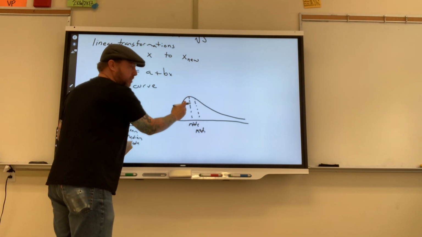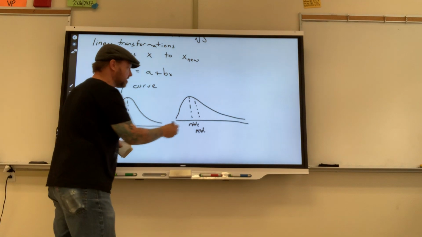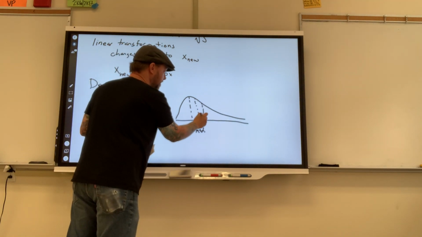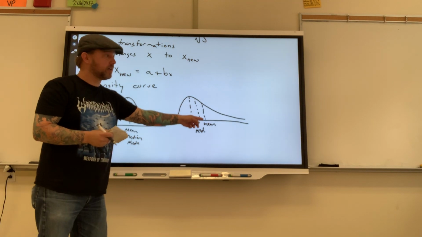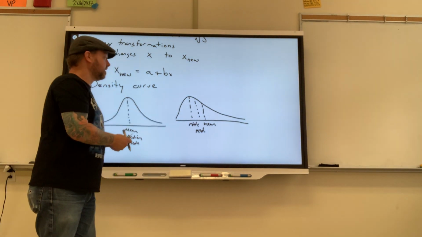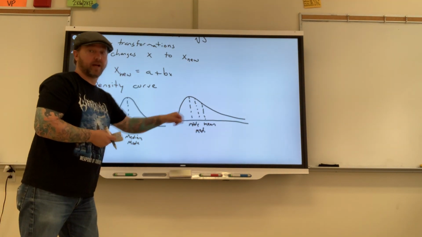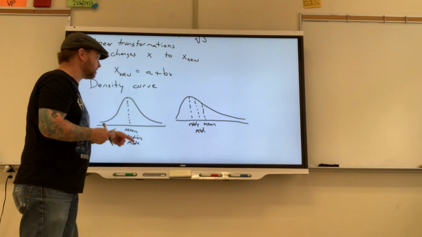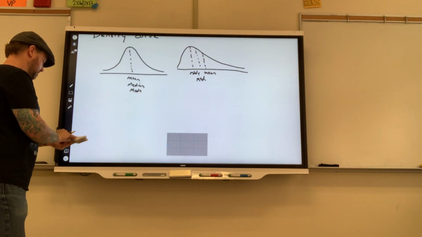So the area to the left of the median is always 50%. The area to the right of the median is always 50%. The mean would be over here. This is the balance point if the curve were solid. Okay? So it would balance there. Just ask our physics teacher. All right, moving on.